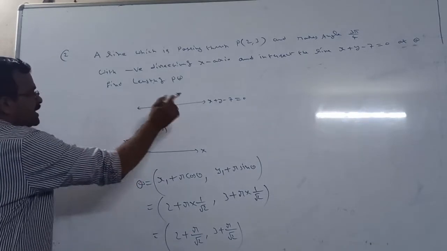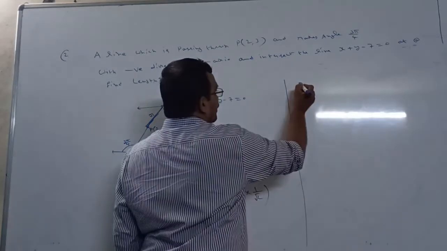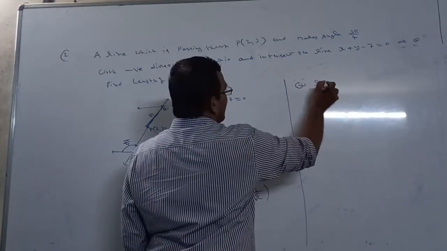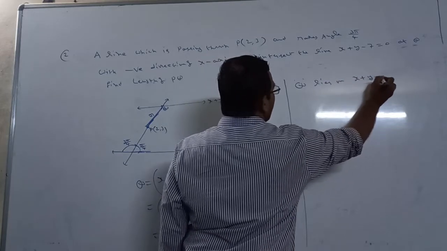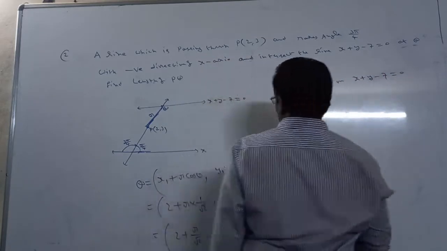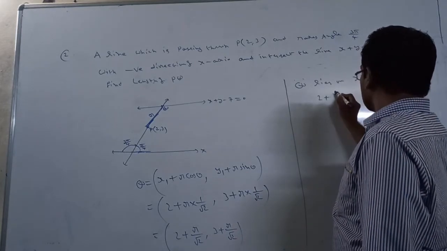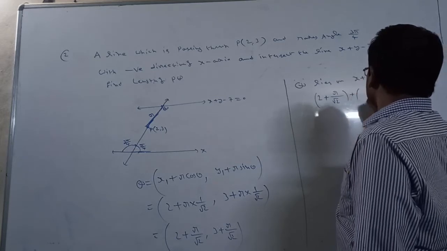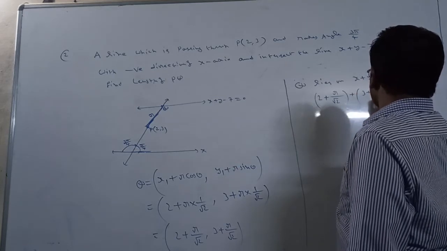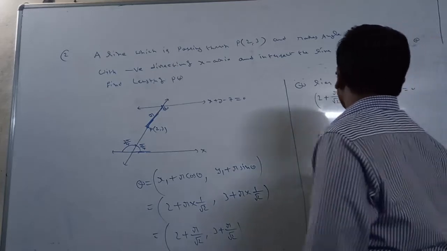So now Q lies on the given line. Then substitute. Q lies on x plus y minus 7 equal to 0. Then I substitute 2 plus r by root 2 plus 3 plus r by root 2 minus 7 equal to 0.